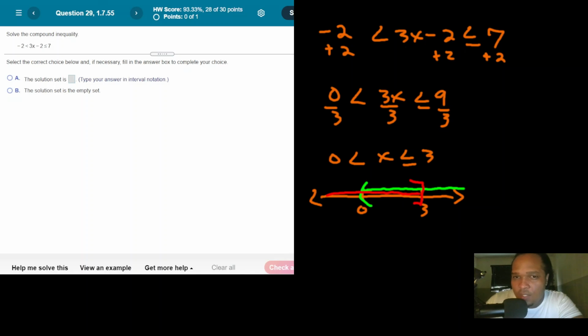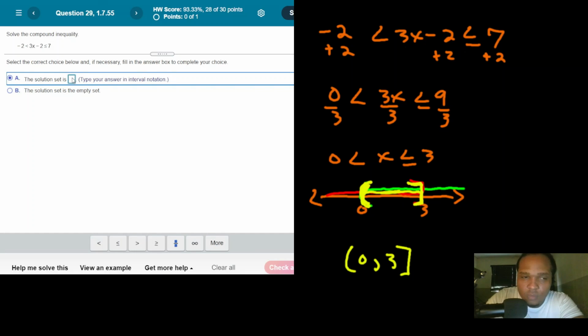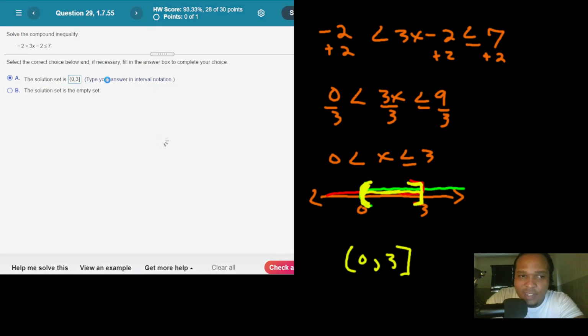Where do the 2 shades overlap? They overlap right up in here between 0 all the way to 3. So this is going to go from 0 to 3 with a bracket. So 0 all the way to 3 with the bracket.